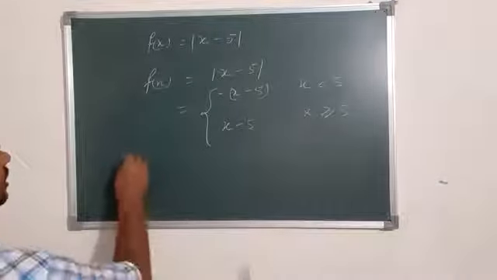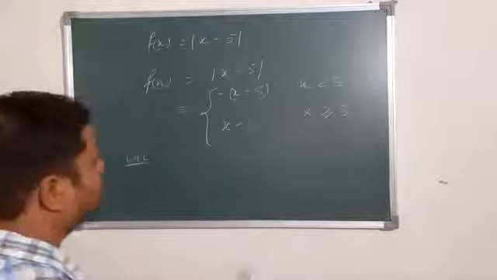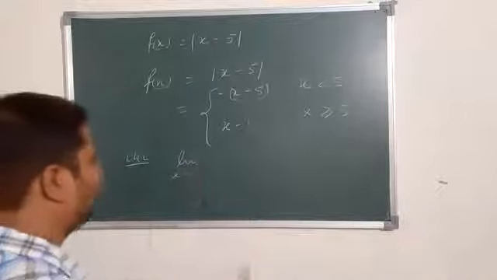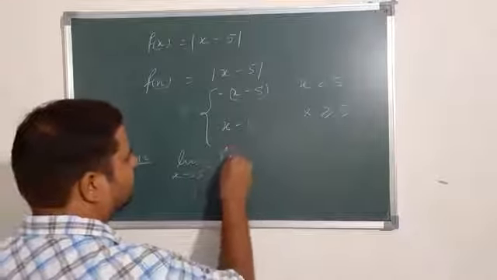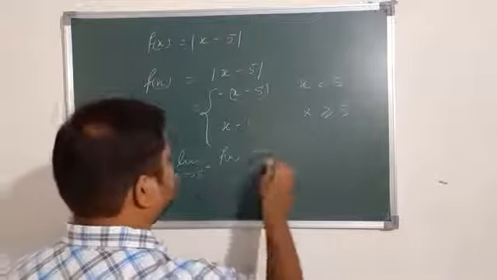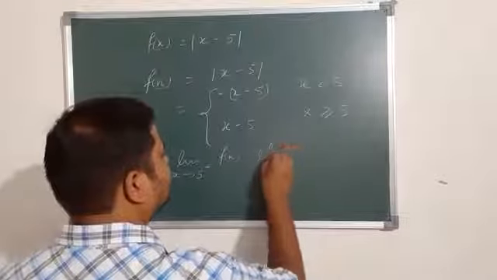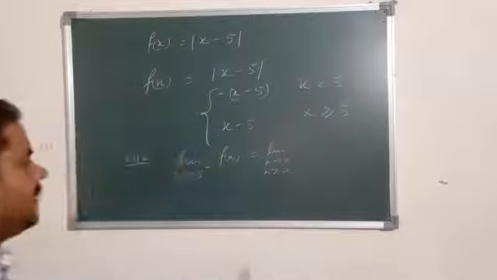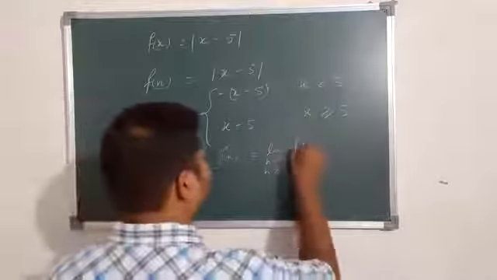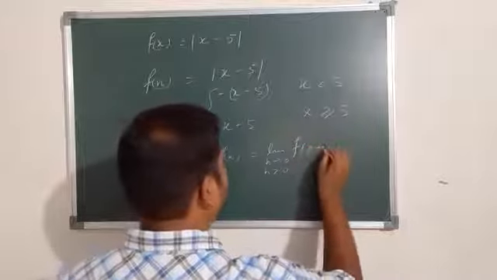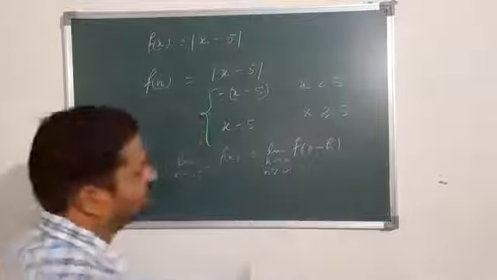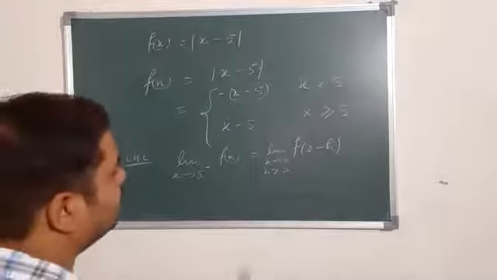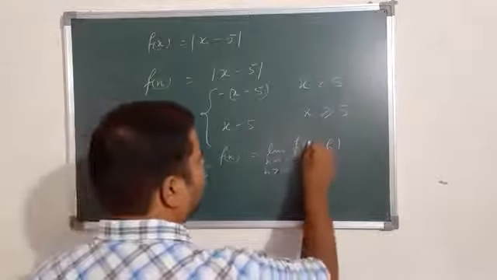So LHL is nothing but limit x tends to 5 minus f(x). This is limit h tends to 0, h greater than 0, f of 5 minus h.